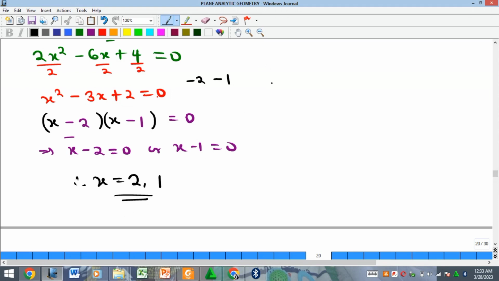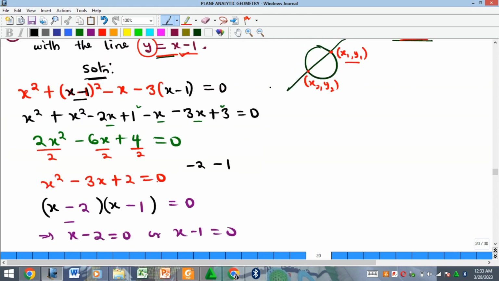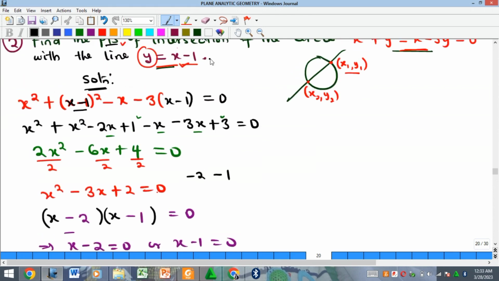So we need to now get our y. If you come up here, we are going to make use of this relationship, where our y is equal to x minus 1. So when our x is 2, then our y is 2 minus 1, which is equal to 1.